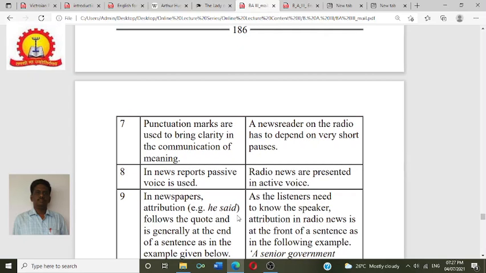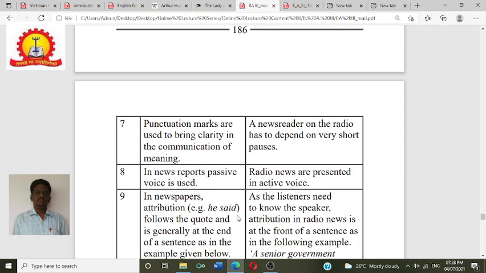Then the seventh difference: punctuation marks are used to bring clarity in communication of meaning. Of course, as it is written material, punctuation marks are used to bring clarity. However, on radio, a news reader has to depend on very short pauses.